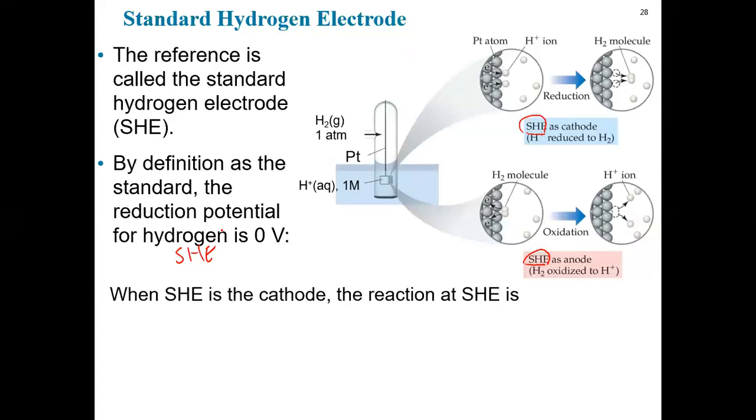Structurally, what the SHE looks like: you have a little reservoir of solution. The solution should be acidic, so the H plus is 1 molar. Then you have this little tube, and you put H2 gas in it. The pressure should be 1 atm.